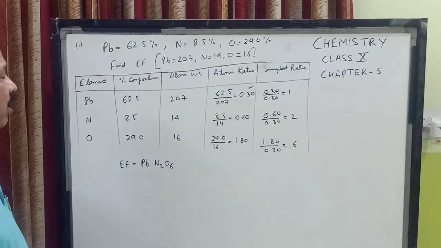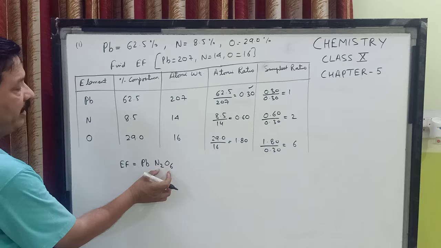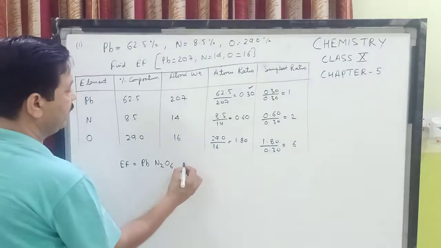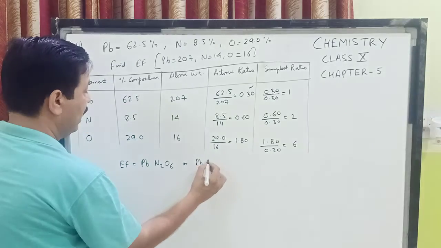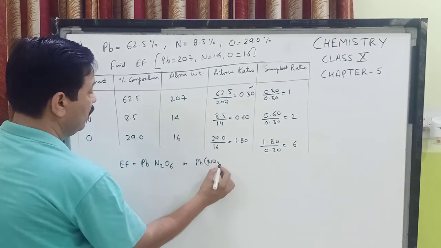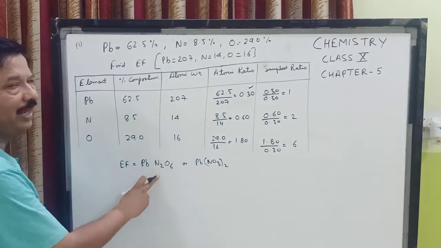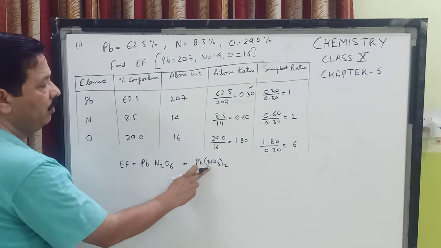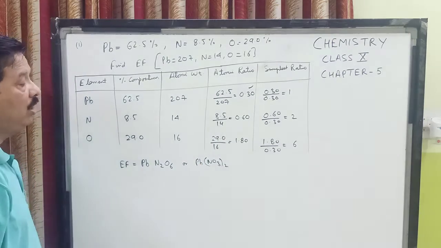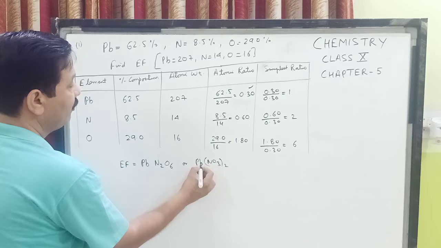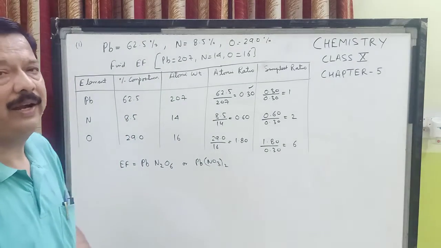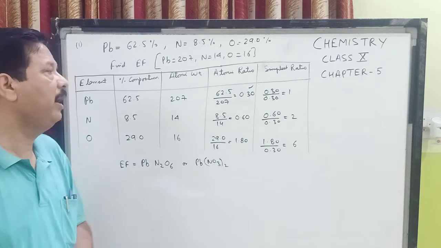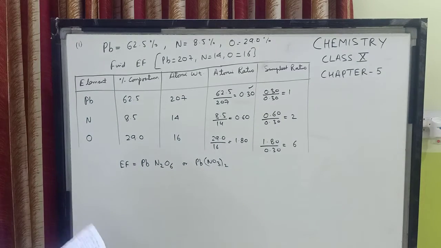As you all know, we can find a common number, or we can write it as Pb(NO3)2. This is also the same formula, with N2 and O6. So this is the empirical formula which we have calculated, and as we all know, this is lead nitrate. I hope you have followed this method of calculating the empirical formula.